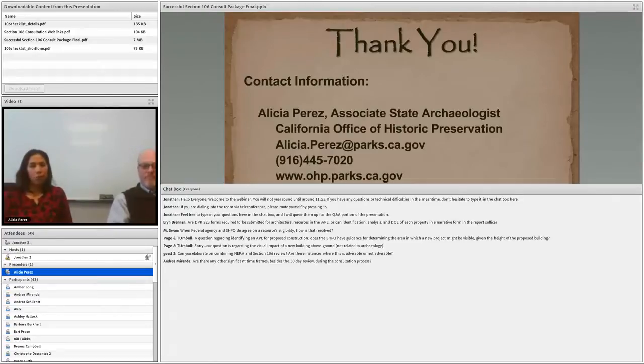Somebody's asking if you can elaborate on combining NEPA and Section 106 review, and are there instances where this is advisable and instances when it's not advisable?